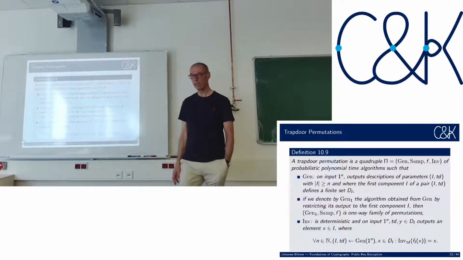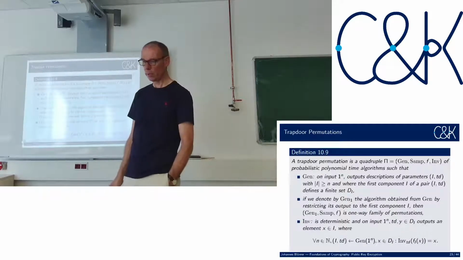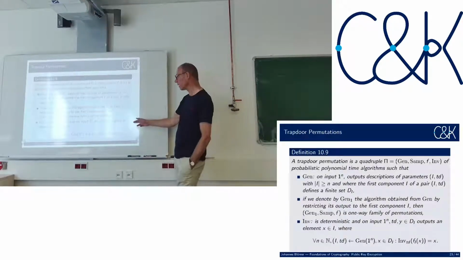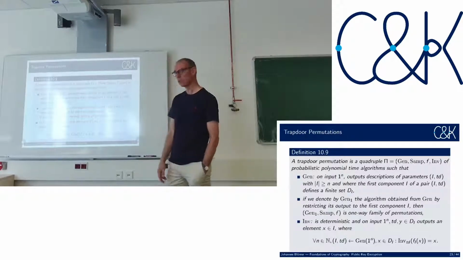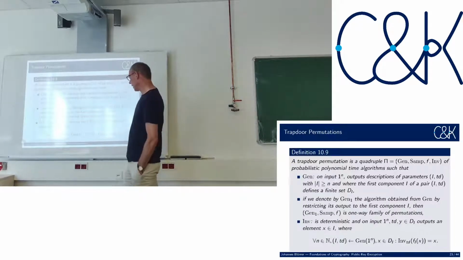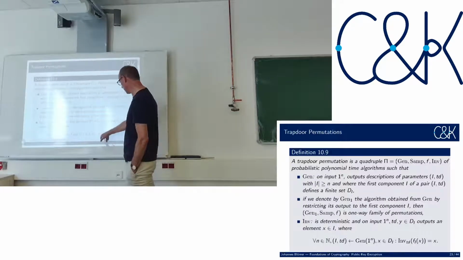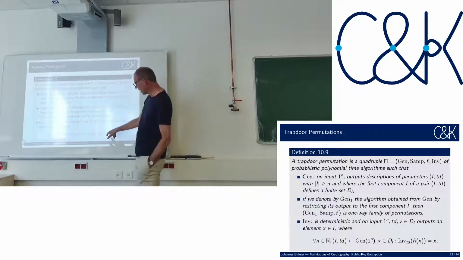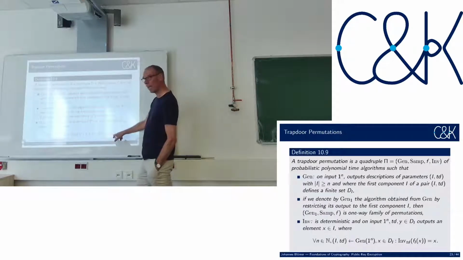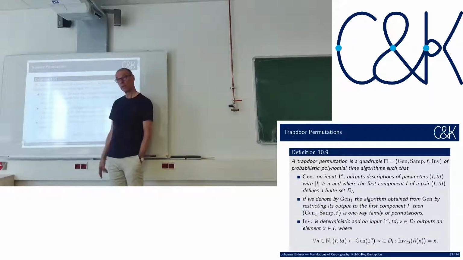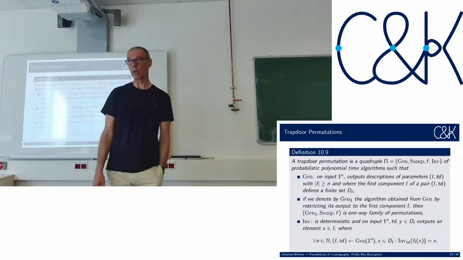Invert is a deterministic algorithm, and on input 1 to the n, the trapdoor, and y in D_I, it outputs an element x in D_I, not I, such that if it gets f_I of x as input together with the trapdoor, then it returns x, for all x in D_I and all pairs of instance parameters and trapdoors.